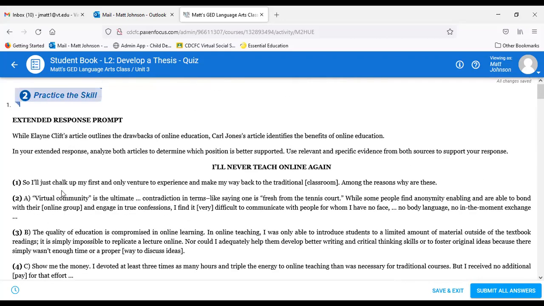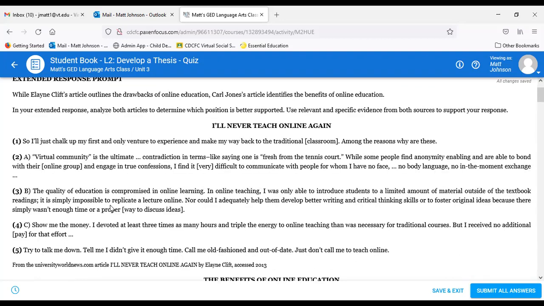She makes the case that people claim this virtual community is this great learning community. But in truth, for her, that's a contradiction, because everybody is anonymous online. There's no community that's really wrapped around this. So what did she use next for evidence?